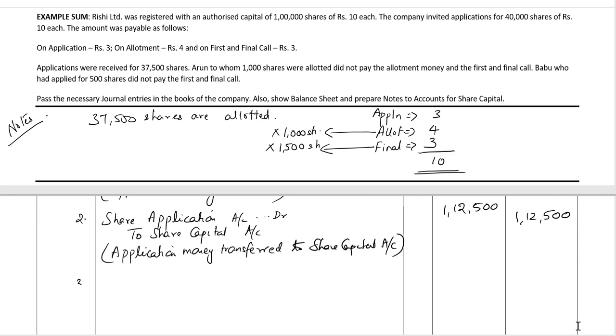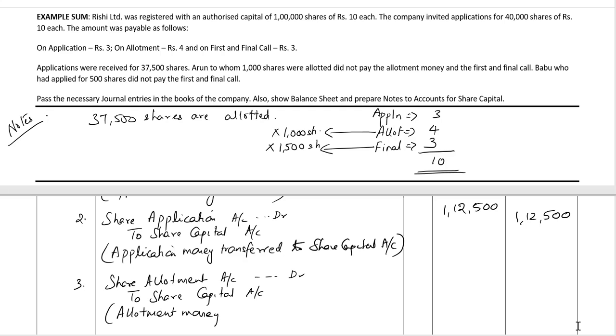The third entry is to make the allotment money due. Share allotment account debit to share capital account for allotment money due.